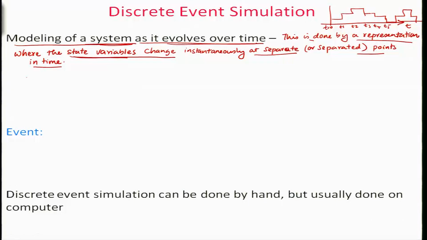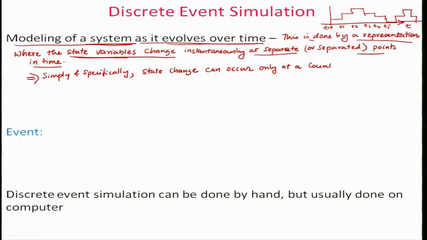Or in a better way, put simply and specifically, we can say that state change can occur only at a countable number of points in time. So, we are modeling the system where the state change can occur only at a countable number of points in time.